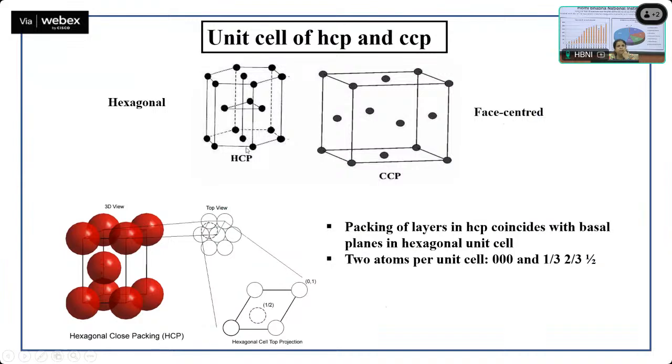This one is as of now relatively easy to understand, because your layer A is the first layer and your layer B is the second layer and layer C is the third layer. But in the hexagonal close packing, the unit cell will encompass the first layer and the third layer. So this is actually the hexagonal cell, but the unit cell is considered 1/3 of this.